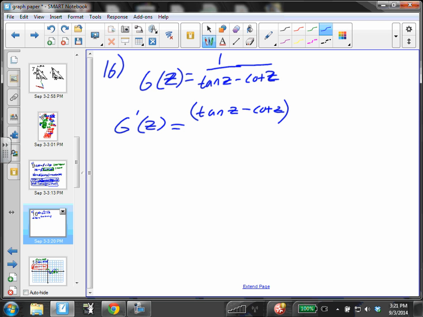What's the derivative of the top? 0. So that stuff times 0. Minus high, well, that's 1, times the derivative of the bottom. So the derivative of the bottom, what's the derivative of tangent? Very good. The derivative of tangent is secant squared z minus, what's the derivative of cotangent?